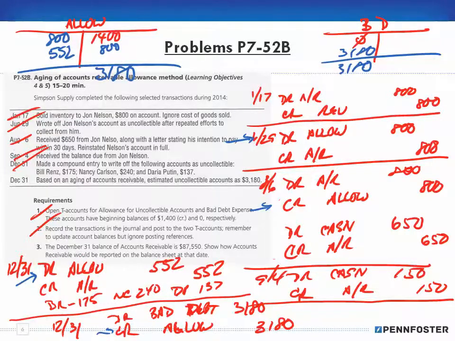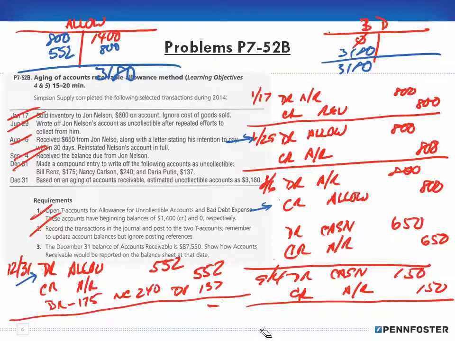So the mistake I'm making is right here for this December 31st entry. Why? On 12/31, it says here, based on the aging, estimated uncollectibles is 3180, right? So what that means is the amount in the allowance account needs to be 3180. Well, what we need to do is add up our debits, add up our credits, and subtract one from the other.